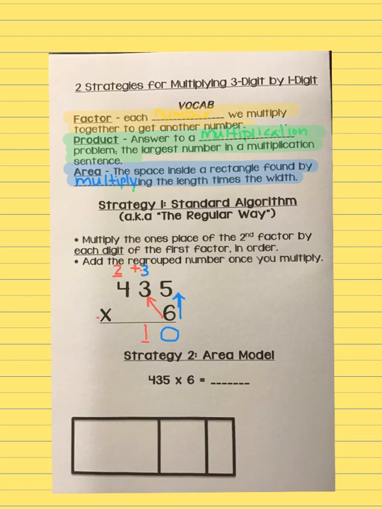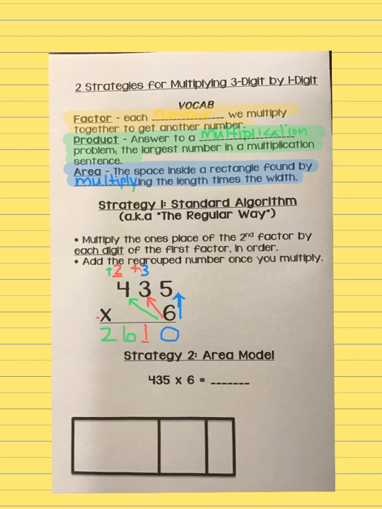Now we're going to multiply that 6 by the hundreds place. So 6 times 4 is 24. But then we have to add, don't forget about adding that 2. So 24 plus 2 is 26. Now we're out of other numbers, so I can actually put the 26 in the thousands place and the hundreds place.